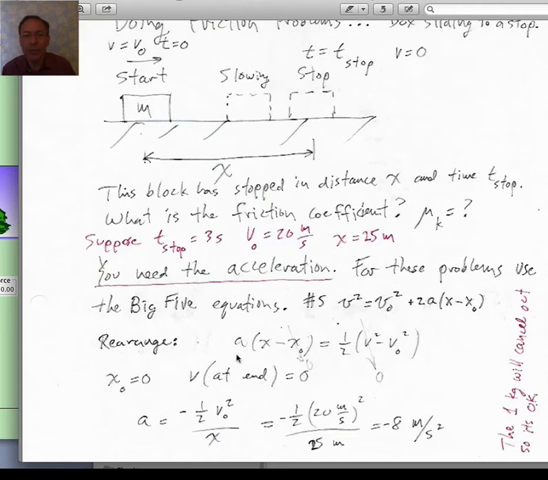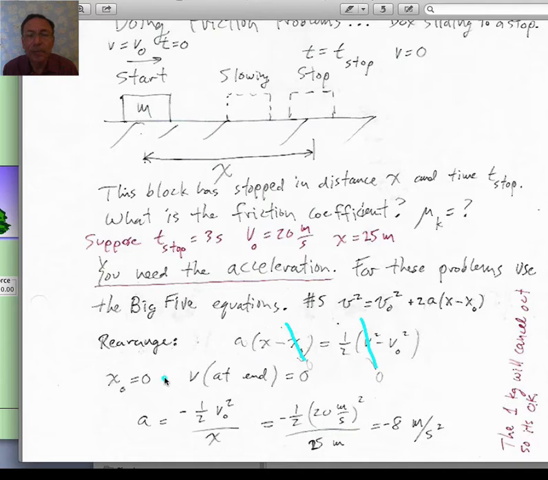We're going to divide by 2, and we get a times (x minus x naught) equals 1/2 (v squared minus v0 squared). Now, x0, the initial position, is 0, so it kind of goes away anyhow. And the final velocity is 0, so it's going to go away.